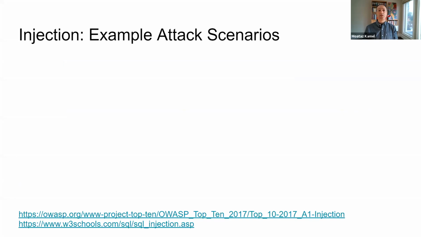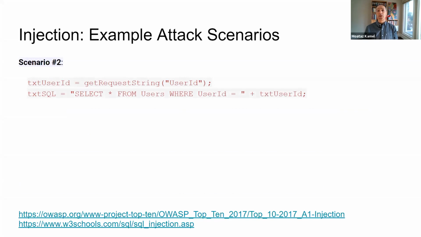So let's take another scenario. You have a piece of code that gets a user ID, and it then uses that user ID to select data from a database. This is your code. There's a vulnerability here because, again, it's taking this request string from the HTTP request and putting it directly into the select statement.